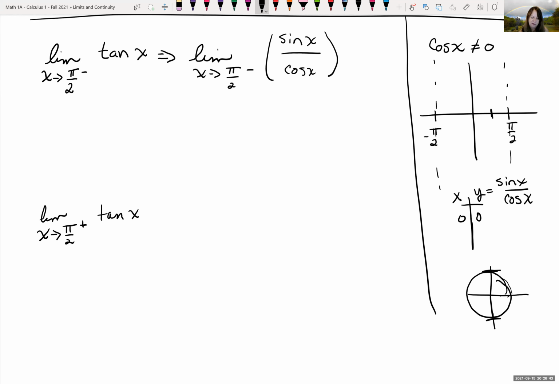If I think of pi fourths, which is another angle in radians that we should know, and I plug in pi fourths, sine of pi fourths is root 2 over 2, all over cosine of pi fourths, which is root 2 over 2. Well, something divided by itself, other than 0, is 1. So this is equal to 1.